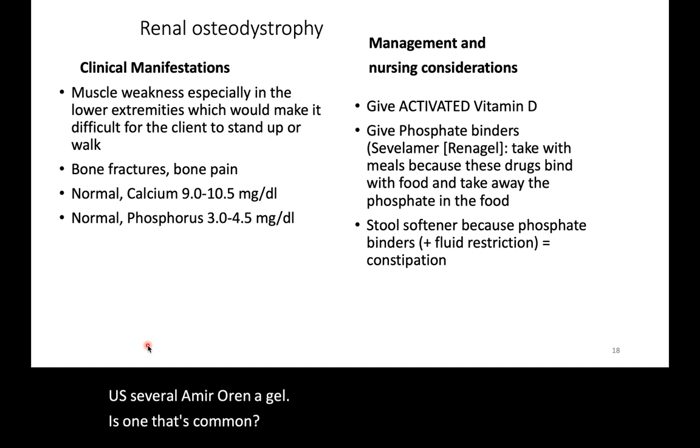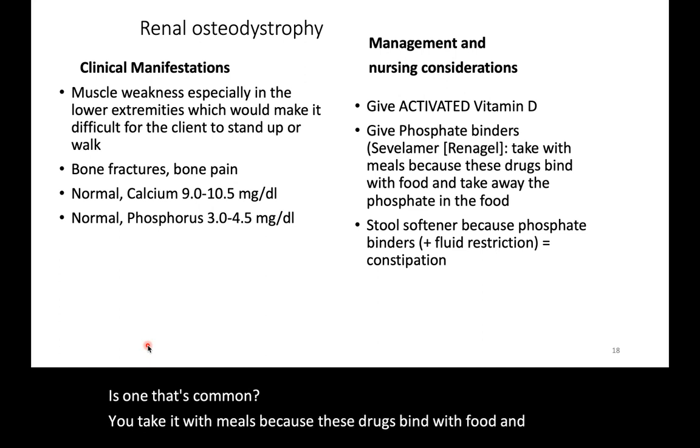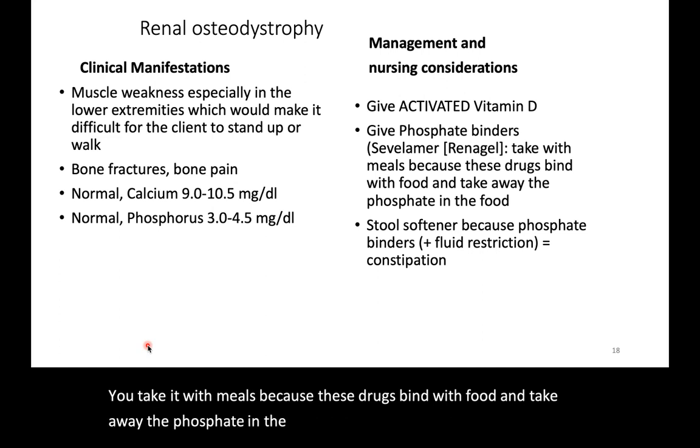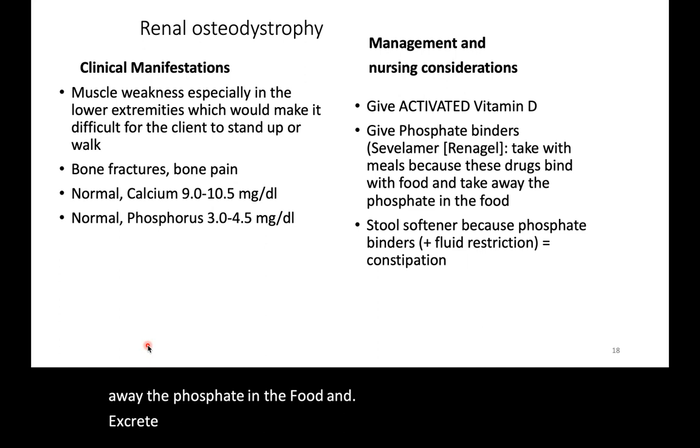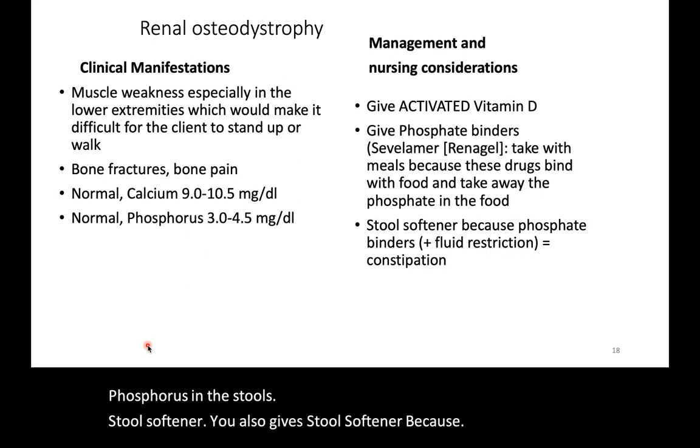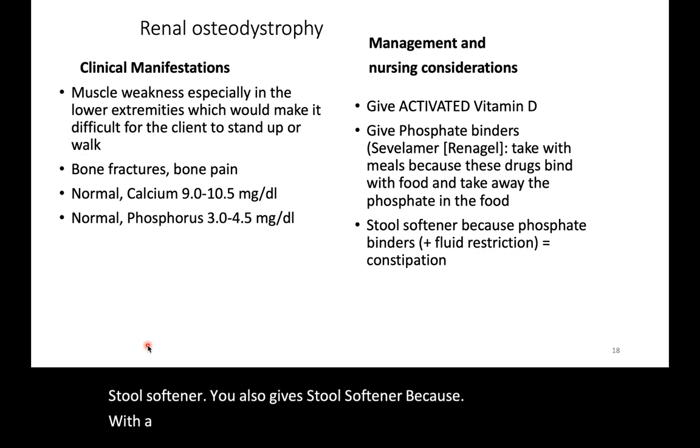You take it with meals because these drugs bind with the phosphate in the food and excrete the phosphorus in the stools. You also give a stool softener because with a combination of phosphate binders and fluid restriction, the client is likely to have constipation.